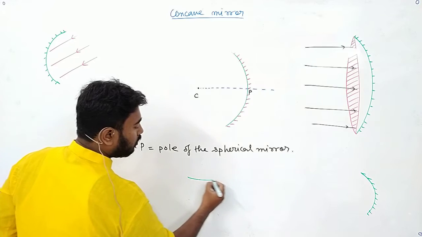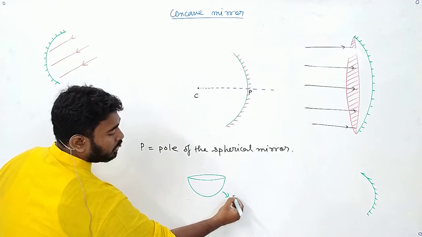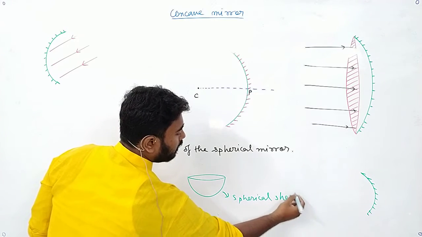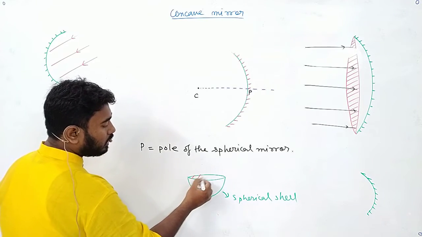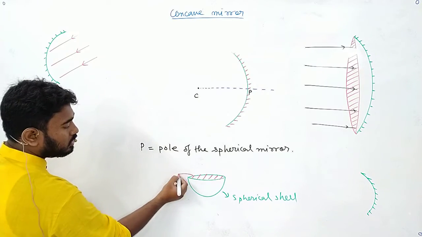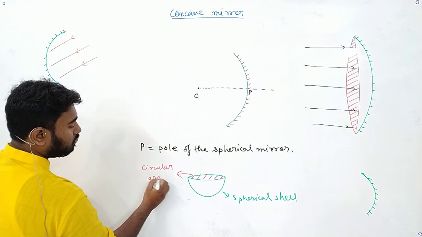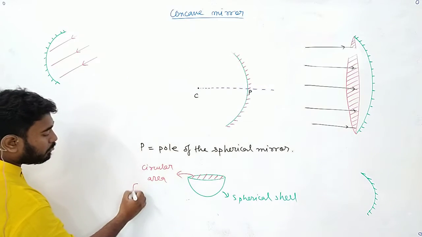If this is your bowl, this portion is part of a spherical shell, right? But how about this portion? Is it part of a spherical shell? No. This is a circular area, and it is a plane surface area.